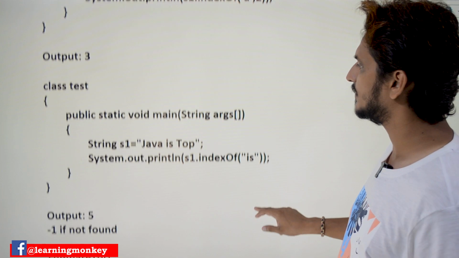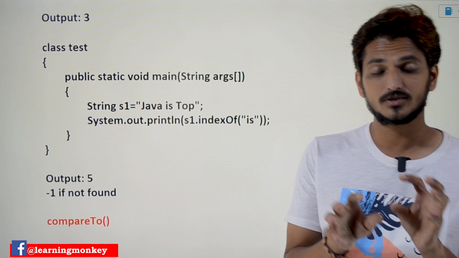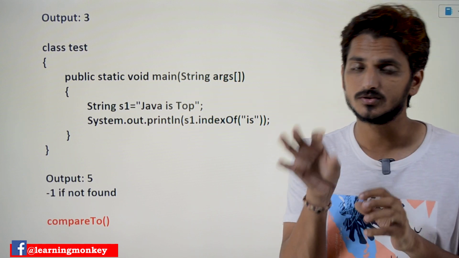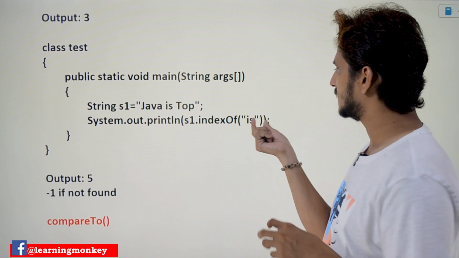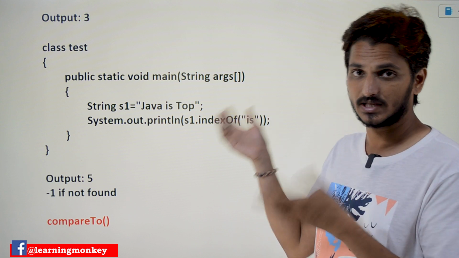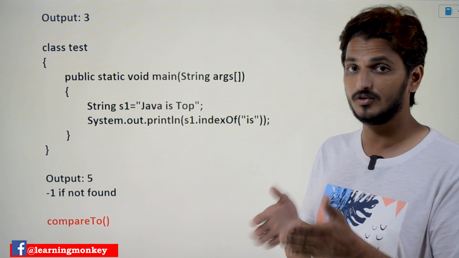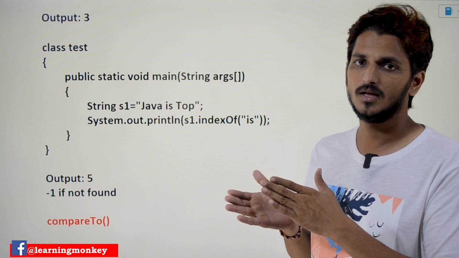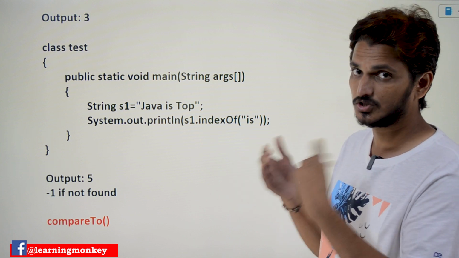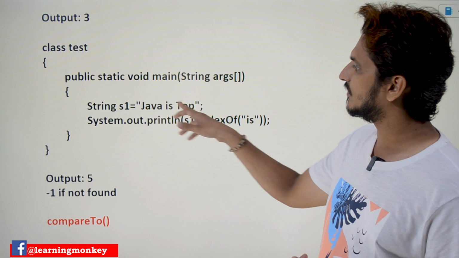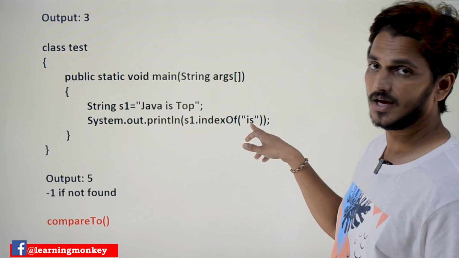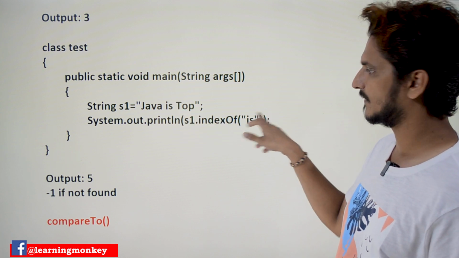Now, not only characters, you can mention strings also. Whether the string is available or not, if it is available, what is the starting index, that is, from which position it is available? That is what it gives. In Java is top, search for is. This is a string.